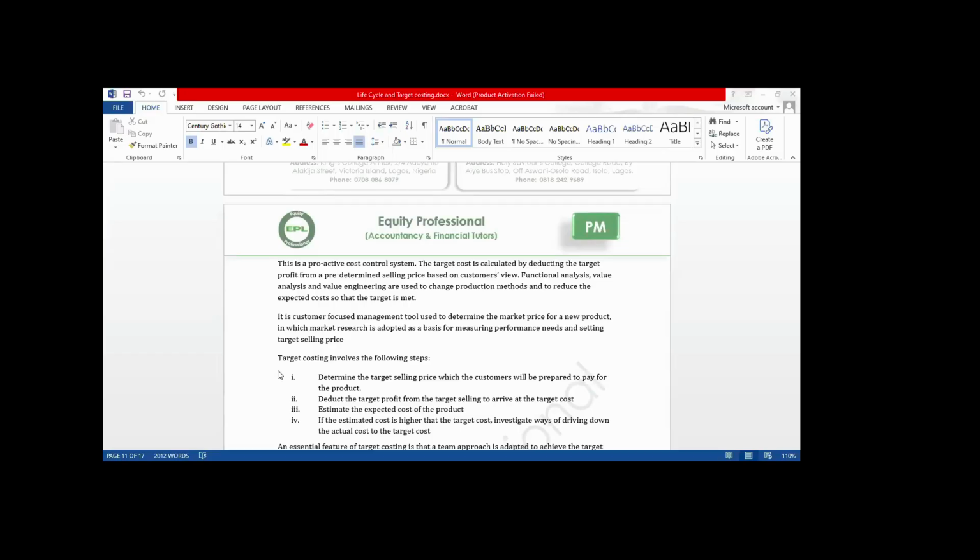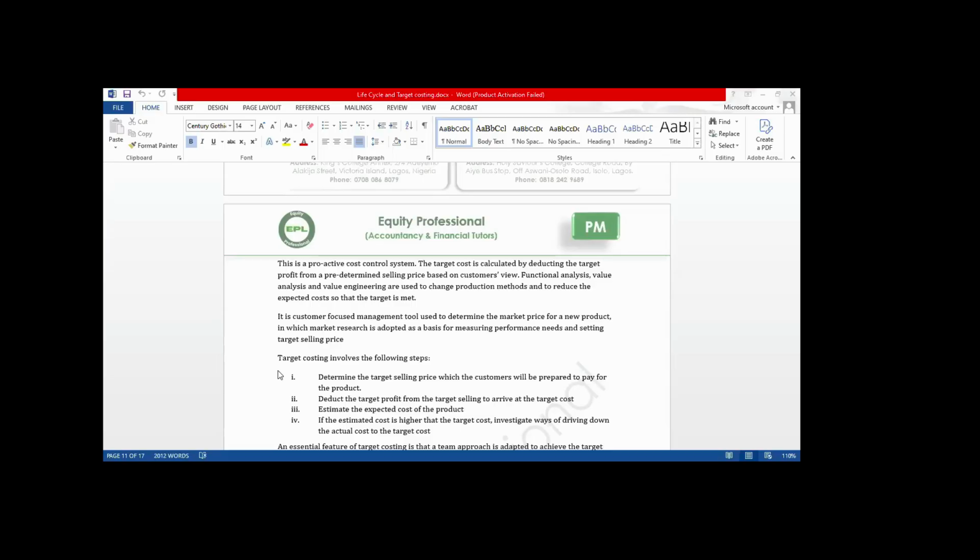After the selling price has been established, the company will now determine its own profits. Out of this selling price, how much is the company willing to take as profits? That becomes target profit.